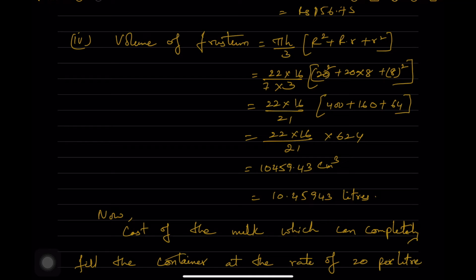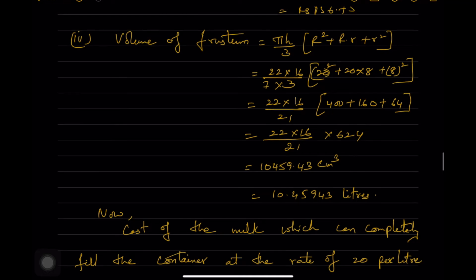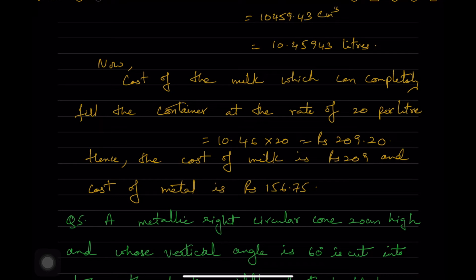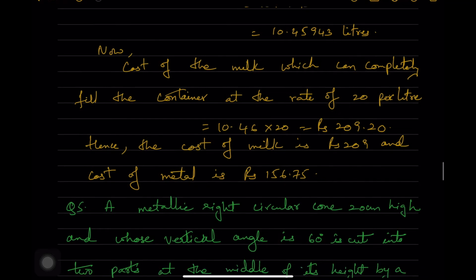So put it in the formula, and you are getting 10459.43 centimeters cube, which we convert into liters by dividing by 1000, giving about 10.46 liters. So the cost of the milk which can completely fill the container at the rate of 20 rupees per liter is 10.46 into 20 rupees, which is 209.20. The cost of milk is 209 rupees and the cost of metal used to make that container is 156.75.